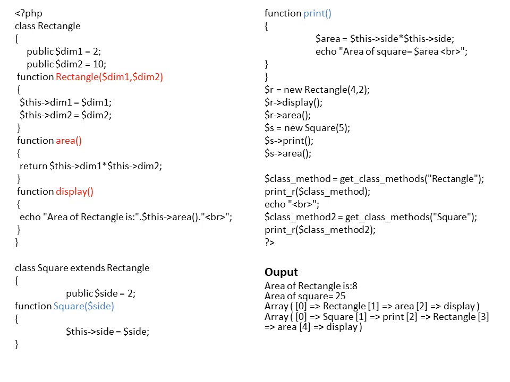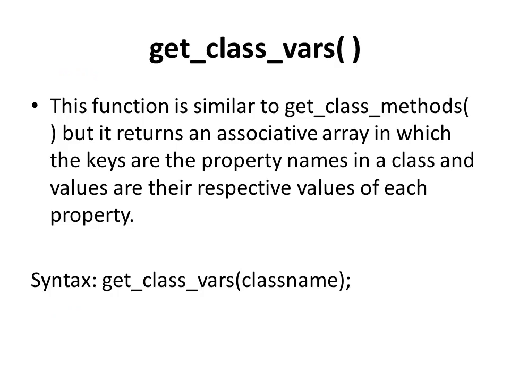So now it displays at index 0 the square method, then index 1 the print method, and since it is inheriting from the superclass, all superclass methods also, rectangle, area and display. That is get_class_methods.